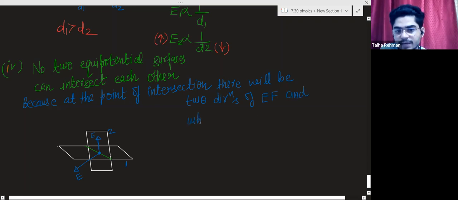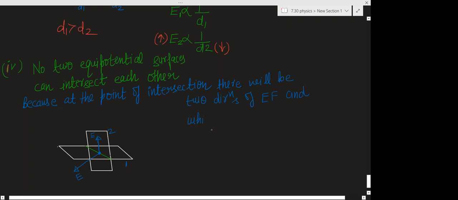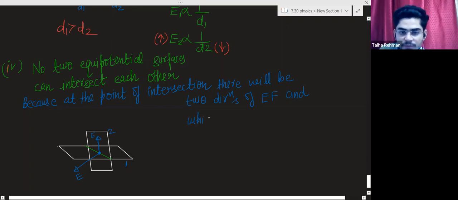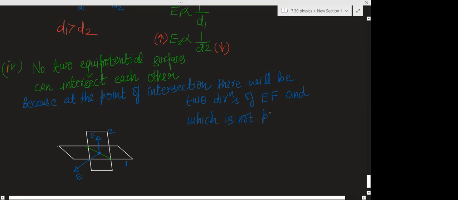Like electric field lines can never intersect each other. Why? Because at that point there will be two directions of electric field, which is not possible. Same is the case here.